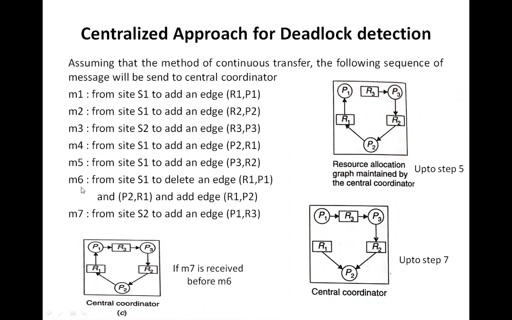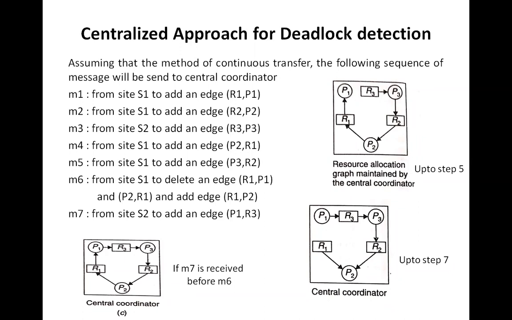So if M6 has a lesser timestamp than M7, M7 should not be accepted before M6 is received. If the central coordinator receives message M7 before M6, it is going to detect a false deadlock. So before taking any action to resolve that deadlock, it has to first confirm whether the detected deadlock is the real one or the phantom one.